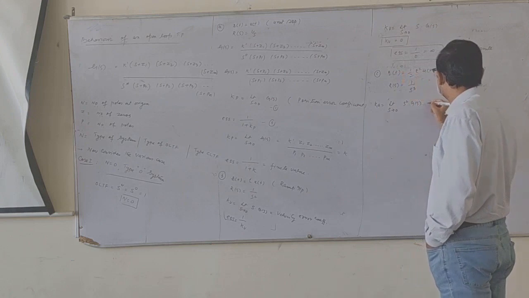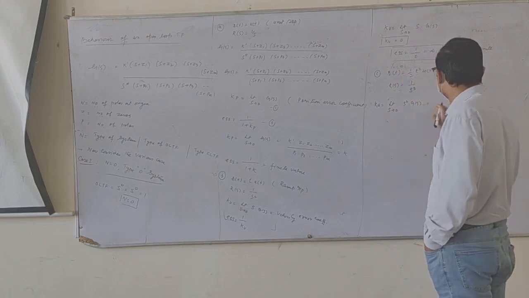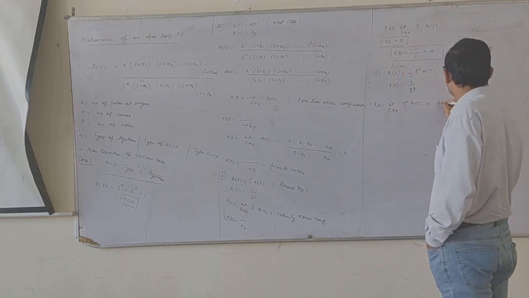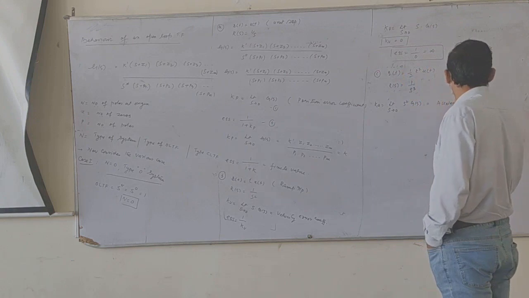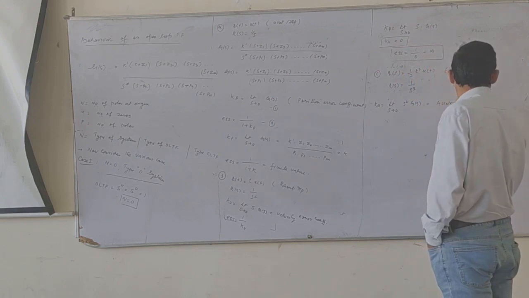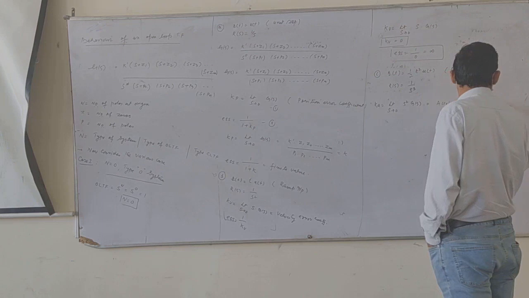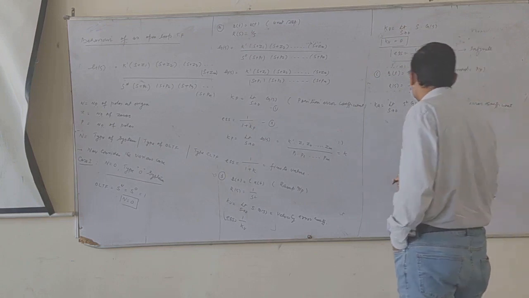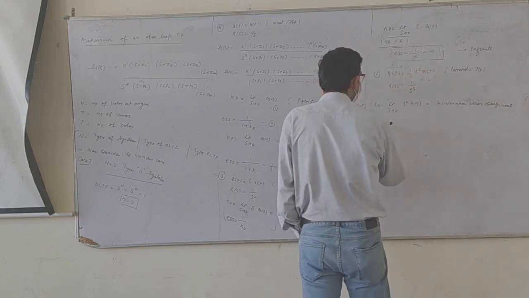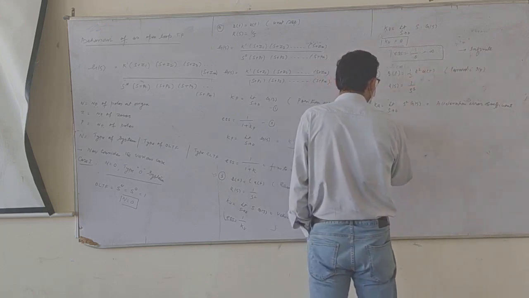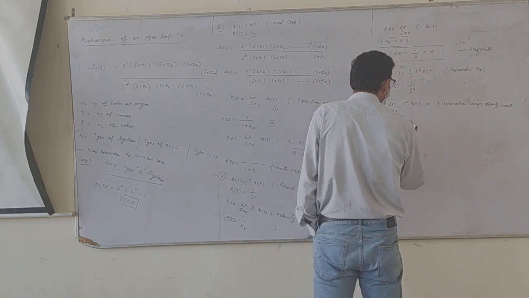This is called the acceleration error coefficient. Now, if I have to find the steady state error, that will be 1 by Ka.